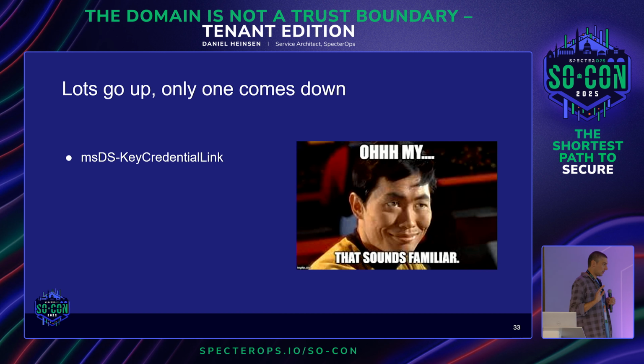All right, so a lot of properties go up, right? And for all intents and purposes, it's intended to go up, right? So everything from on-premises goes up into Entra because on-premises Active Directory is supposed to be our source of truth. However, there is one property that goes down from Entra ID to on-premises, and that is the msDS-KeyCredentialLink.